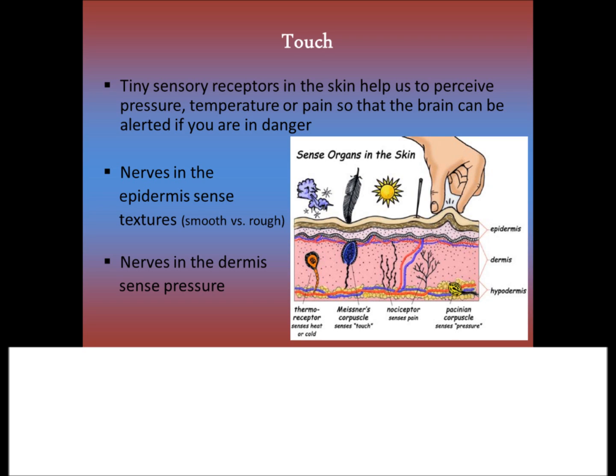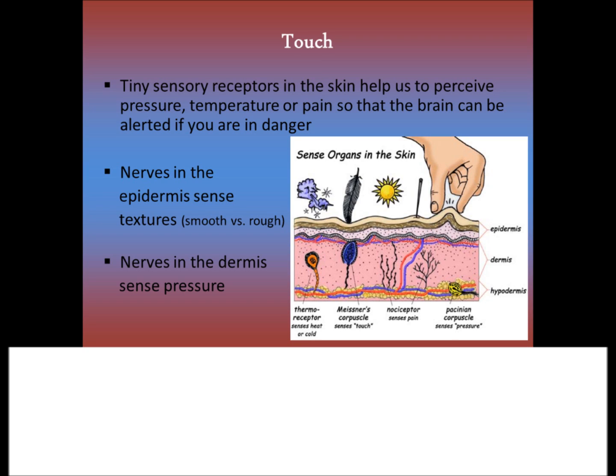Now, we have nerves in the epidermis layer of the skin which sense different textures. So textures are either a smooth surface or a rough surface. Remember, if you talk about the layers of the skin, the epidermis is the superficial layer of the skin.